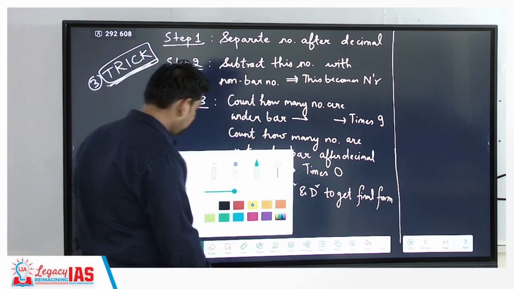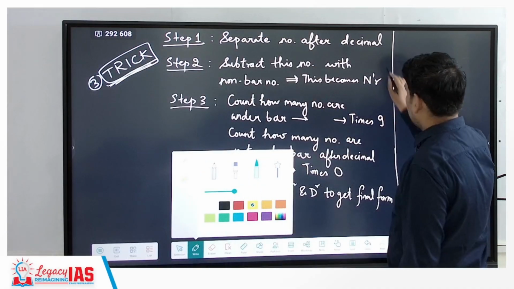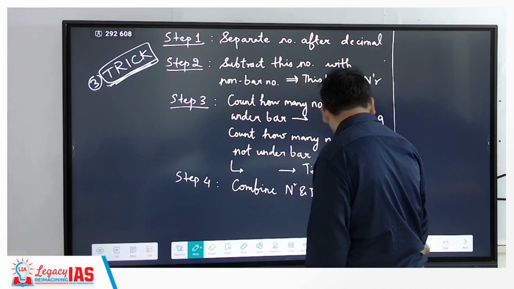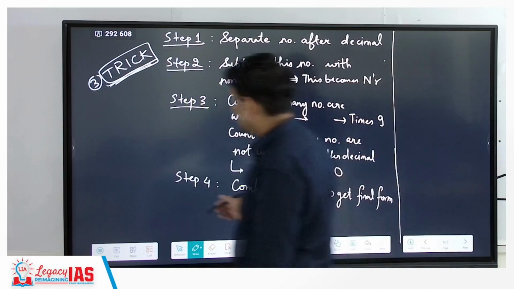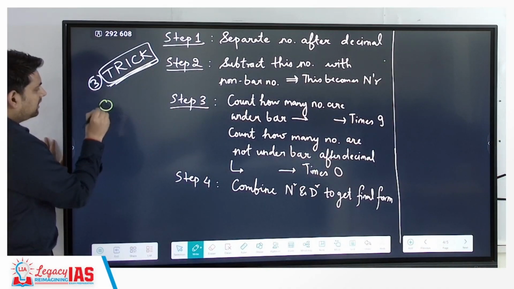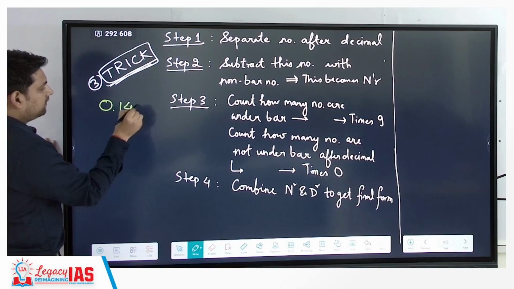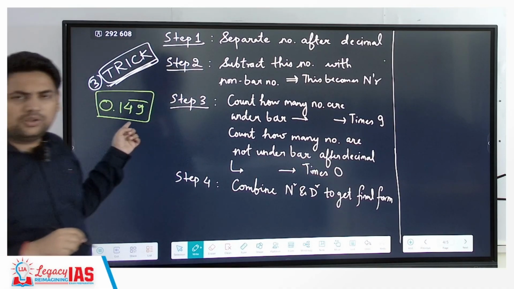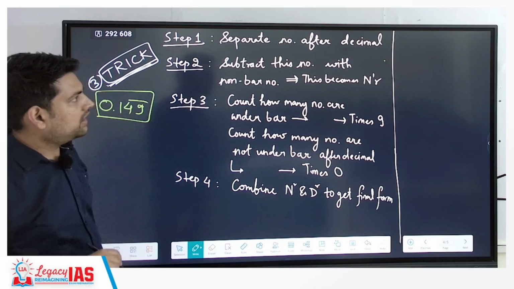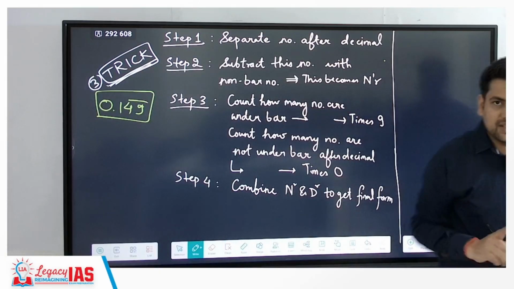See what you need to do. First, let's say we are finding for the same number. What was the number? 0.149 bar. What is step 1?